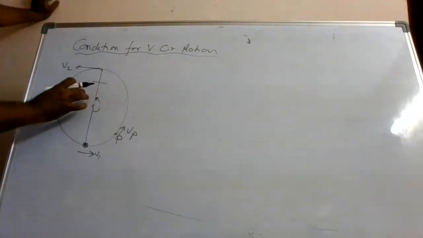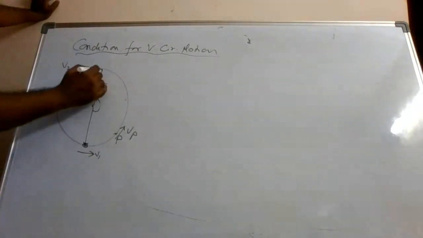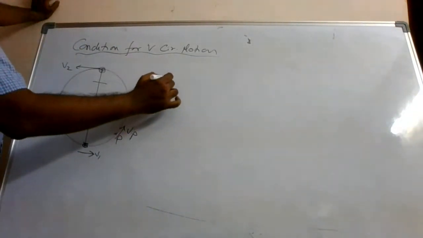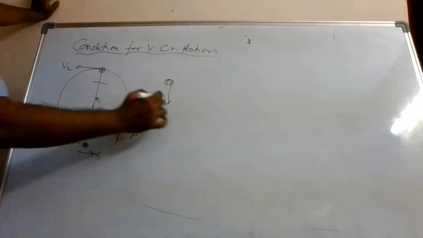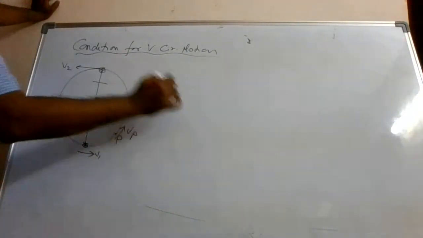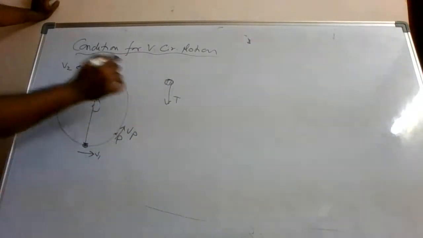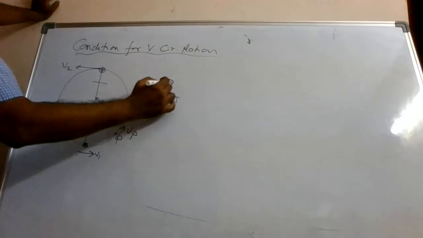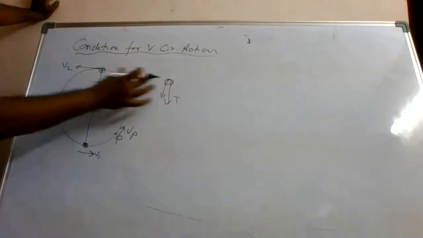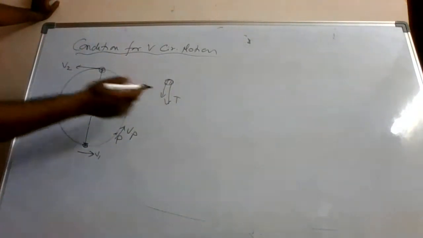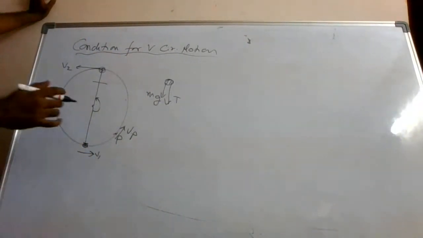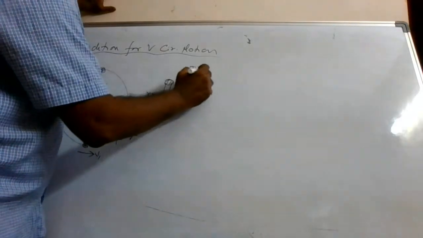So there will be some tension in the string. Let us take the object position here and draw the free body diagram. In the downward direction will be the tension, and what else? The weight of this particular bob, let us say mg. So you can write here T plus mg.